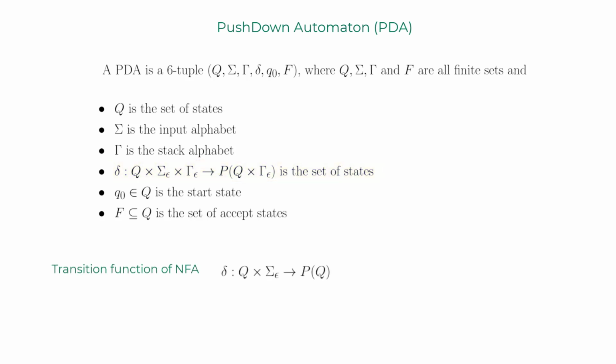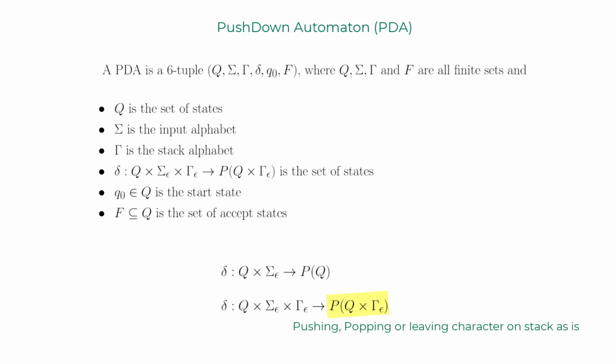This is the transition function of an NFA. When you are at a state and you read a character from the input string or an empty string, you would transition to a set of states which belong to the power set of Q. Similarly, when you are in a state in a PDA, for a given character from the input string or an empty string, and for a given character at the top of the stack, the PDA will be transitioning to a state and may modify the character on the top of the stack by pushing or popping or leaving the character as is.